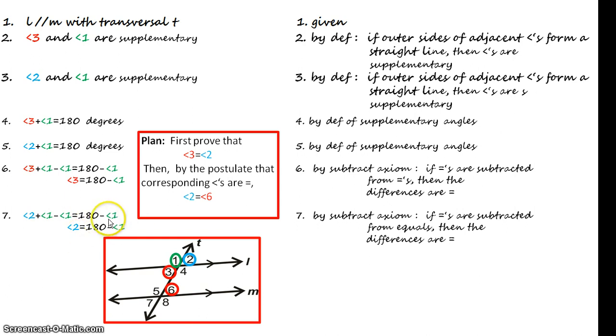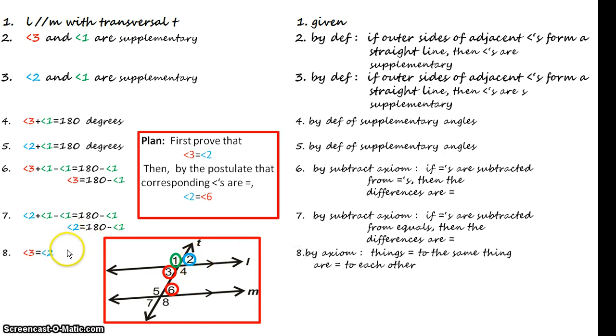And the same thing on the other side, we're just subtracting an angle 1 and it leaves us with this statement. So now we can see that we've isolated angle 3 and angle 2, and look at this, they both equal the same thing. So if they both equal the same thing, then they must equal each other.